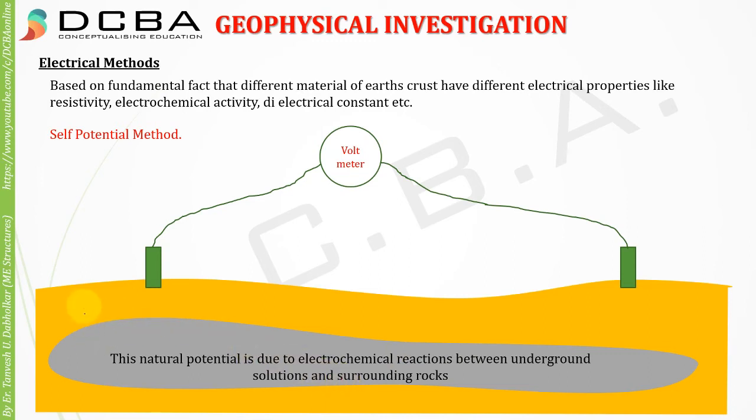Solution meaning the groundwater, and when the groundwater gets mixed with the salts and everything, that can act as an electrolyte, and when it reacts with this rock bed, it will give it a natural potential. And what you are measuring is just the voltage in between the two electrodes.